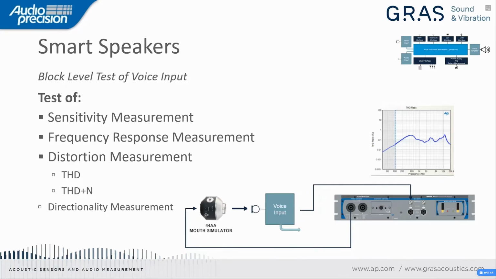In this way, we are able to measure sensitivity and frequency response. We can also do distortion measurements, both total harmonic distortion, total harmonic distortion plus noise, and rub and buzz. There are many different distortion measurements which can be performed this way.